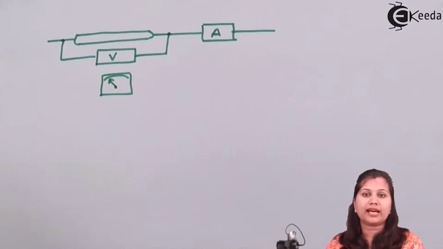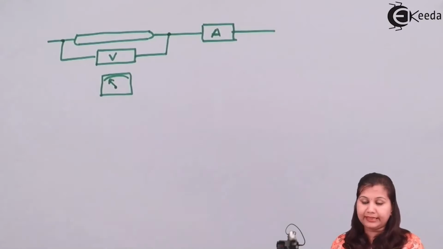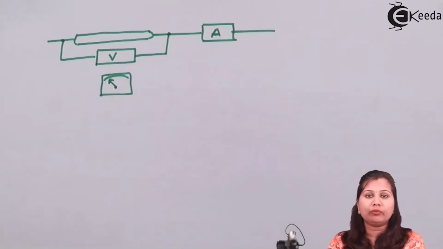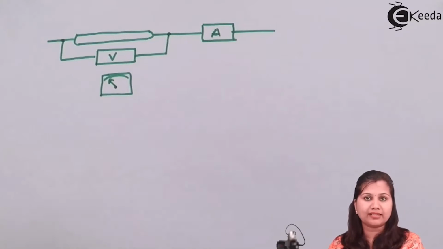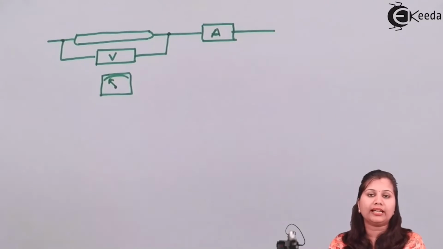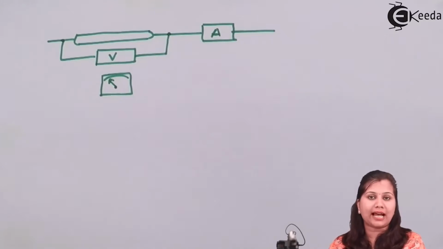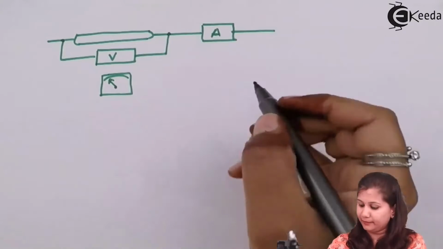So these are the direct deflection methods, whereas there are some methods where we do a comparison. Like if we want to measure the EMF of a cell, we compare it with the EMF of a standard cell whose EMF we already know, as we do in the case of the potentiometer.